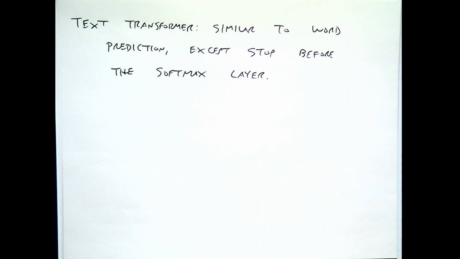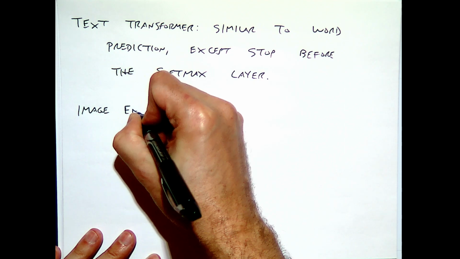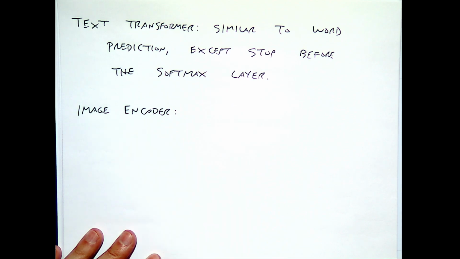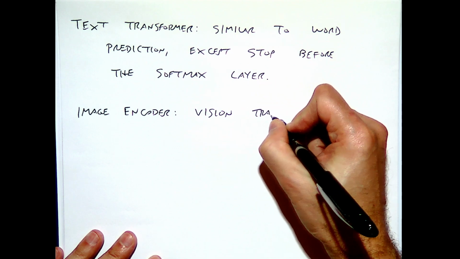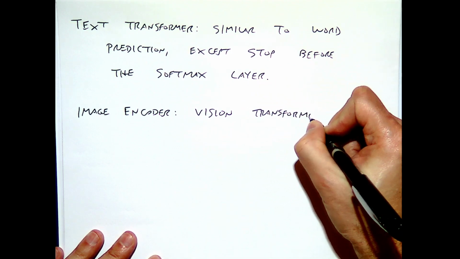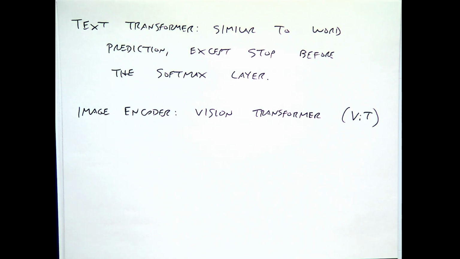And then on the image side, they use something called a vision transformer. Again, if you've done any sort of computer vision research, you know that the vision transformer is a super common model for doing computer vision these days.